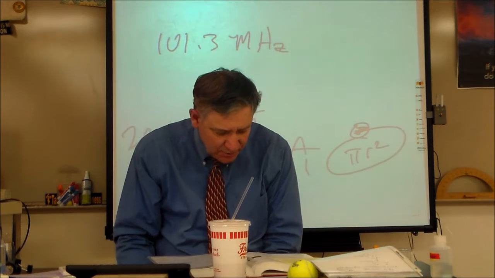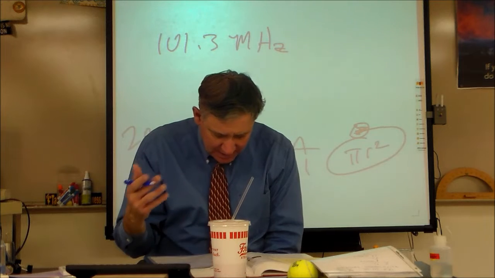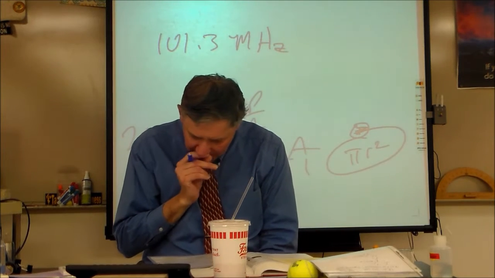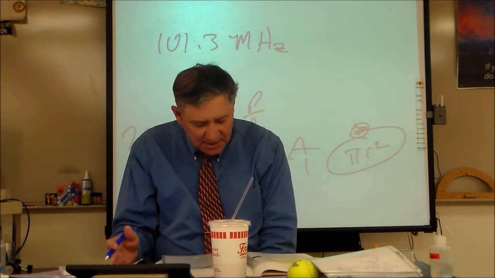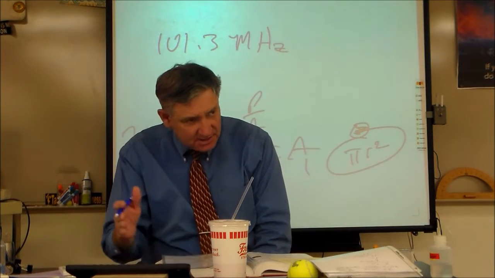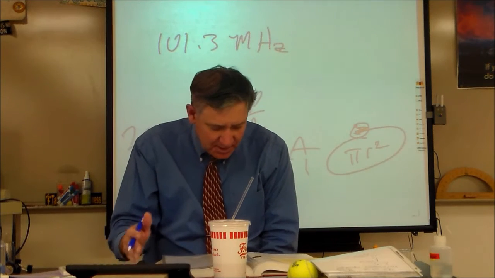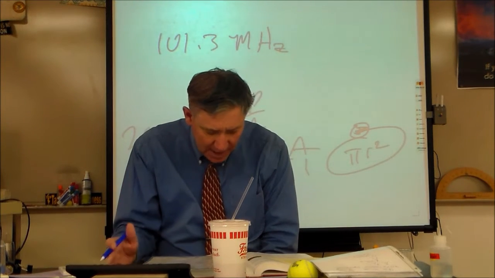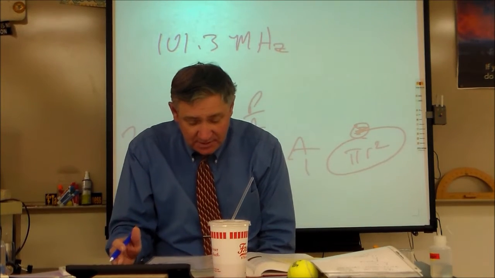When you get to 30, rock concert, they give you 1 meter in front. So on 30, you got to do a couple of different things. You need to find the intensity at a distance 1 meter away, and then you use that to calculate the energy that you're going to receive.